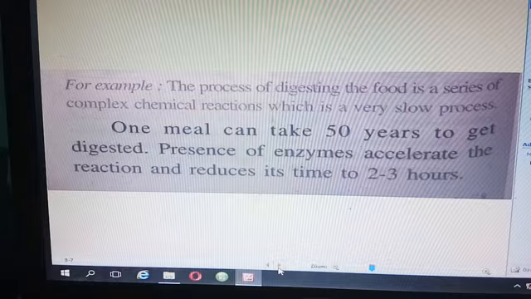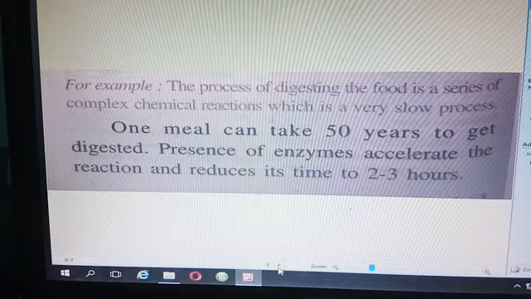One meal means one-time meal, maybe breakfast, maybe lunch, maybe dinner. One meal can take 50 years to get digested. So how long will it take to digest one meal? 50 years.